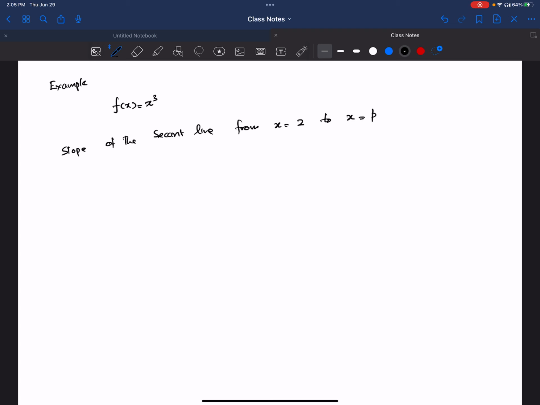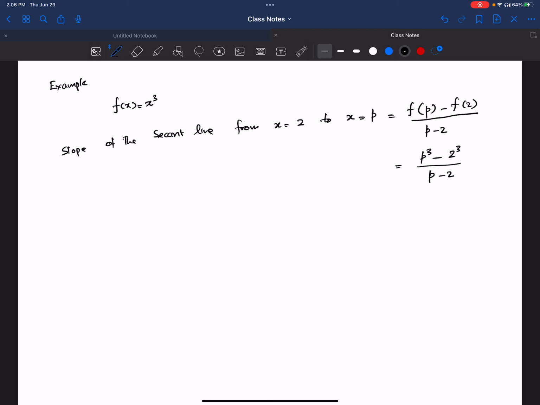The slope is f of p minus f of 2, divided by the difference between those two points on the x-axis, which is p minus 2. Now I can write f of p as p cubed, so it's p cubed minus 2 cubed over p minus 2.